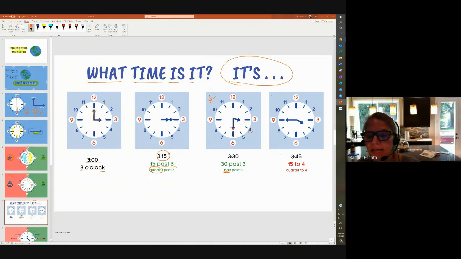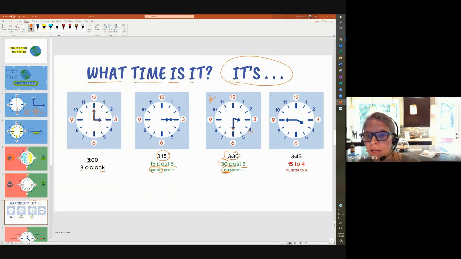For this one, it's 3:30, or 30 past 3, or half past 3. Right? But now we're done with 3, and we're moving toward 4 o'clock. We're going this way. So now we get here, and it's 3:45, which is 5, 10, 15. It's 15 to 4, the next hour, or we can say quarter to 4.